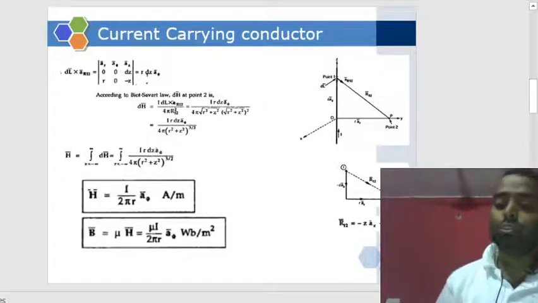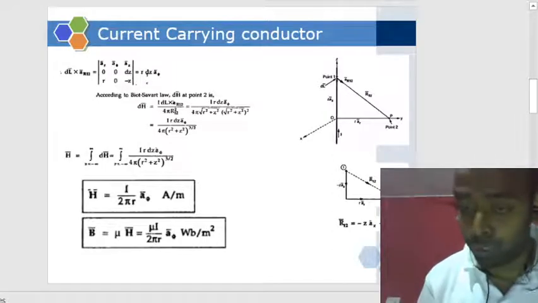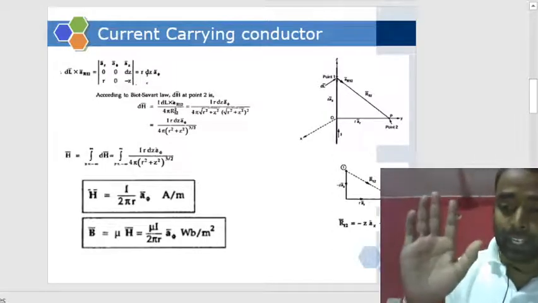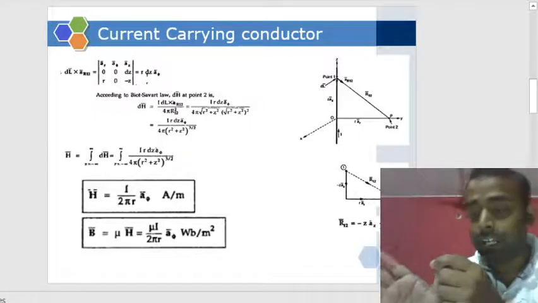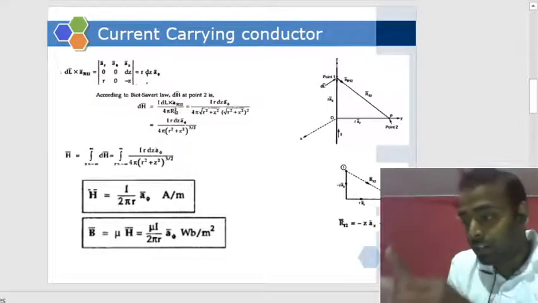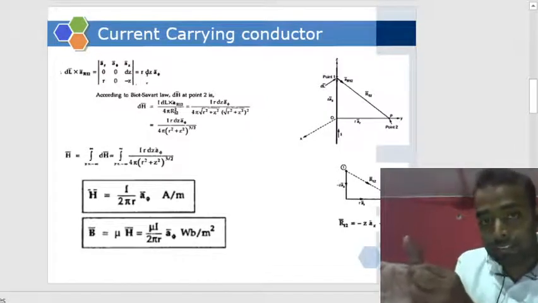So if current is flowing from bottom to top, we'll use our right hand. My thumb will indicate the direction of the current, isn't it? We'll keep my right hand like this. You also can do that.